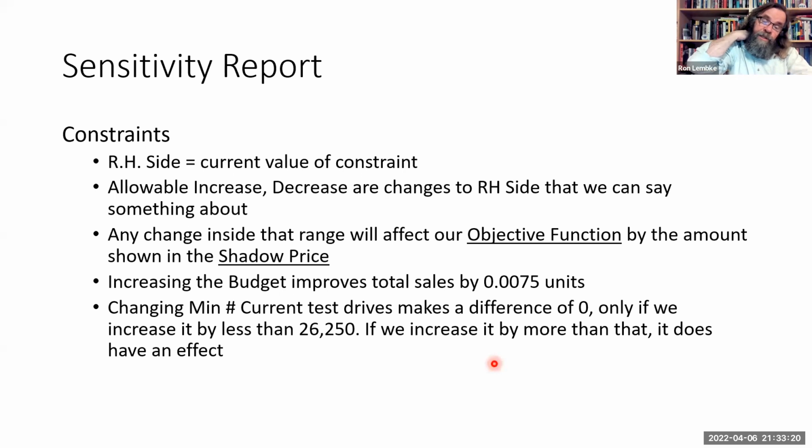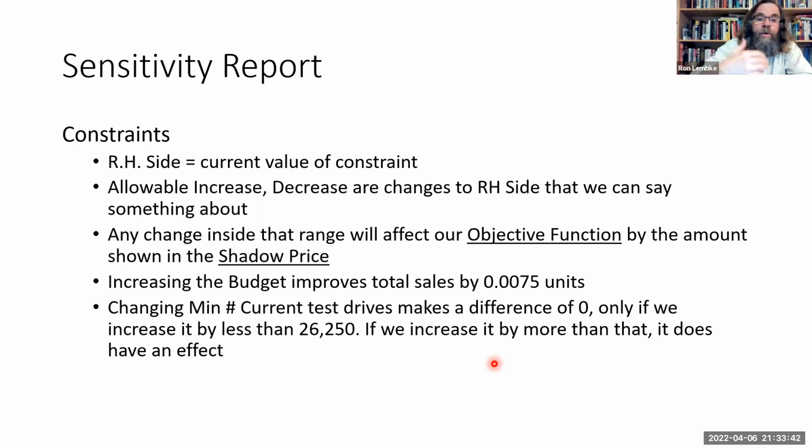So just to recap here, the right side is the right side of the constraint, and the allowable increases and decreases are changes to those right-hand side constraints, and we're looking at how those changes affect our objective function, in this case, the number of cars that we sold.